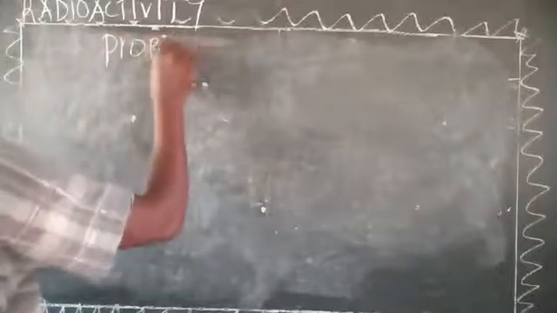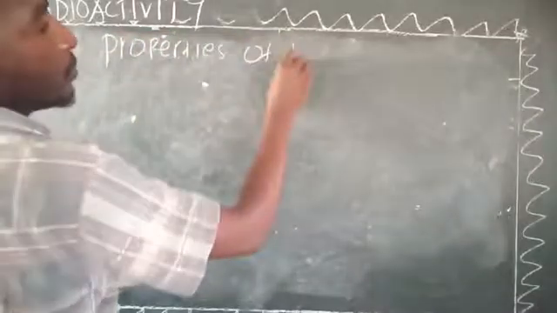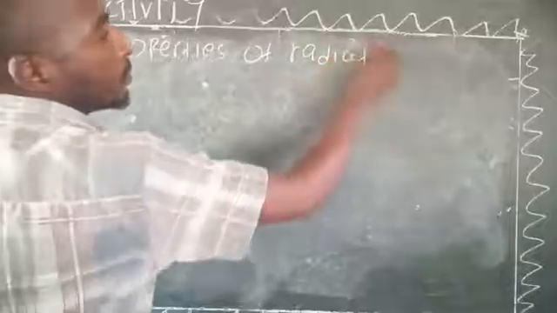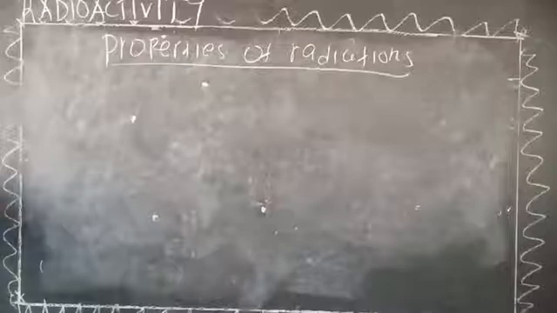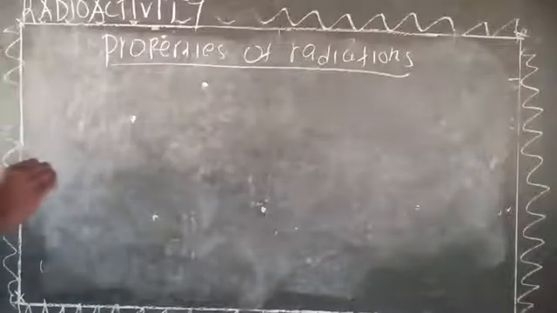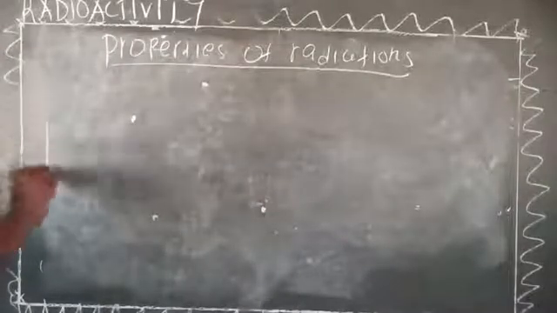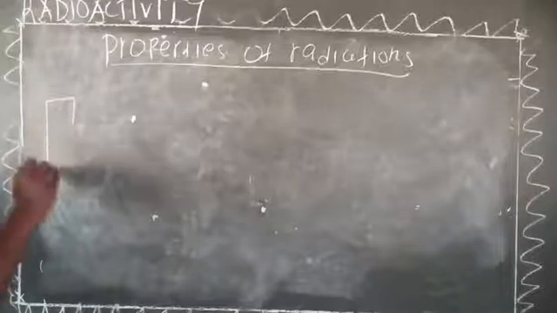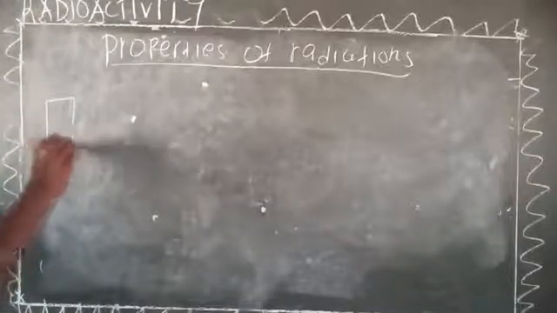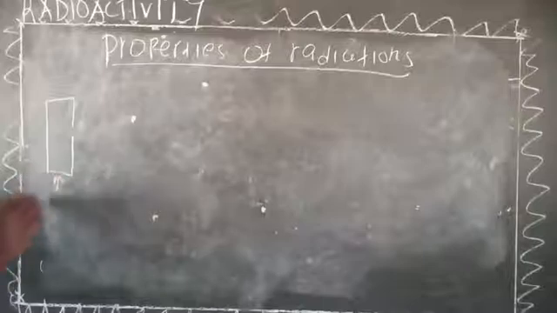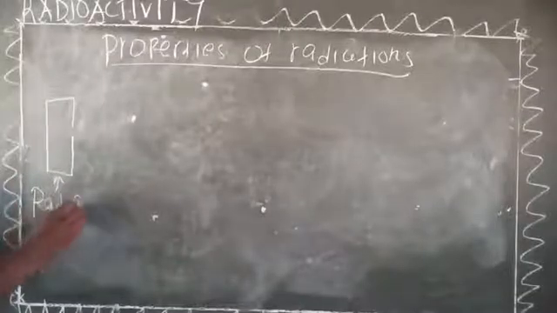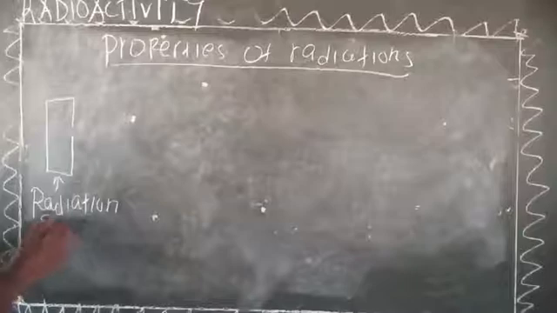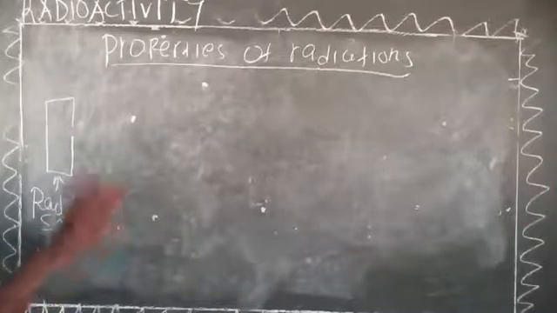Let us now look at the properties of radiations. To do this, we will draw a diagram. In this case, we will have this kind of a box that we will call radiation source.